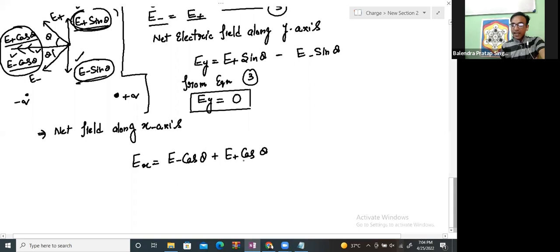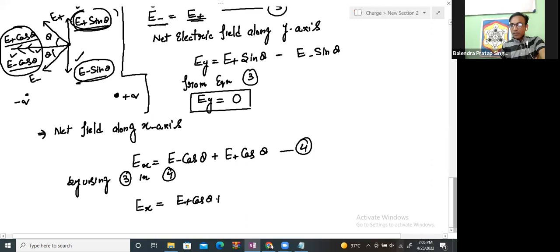In this case they get added, and we can write this as equation number 4. Now if we substitute equation number 3 in 4, the electric field along the x-axis is equal to E plus cos theta, because both are equal, so we put E plus equal to E minus, and we get E plus cos theta plus E plus cos theta, which is equal to 2E plus cos theta.